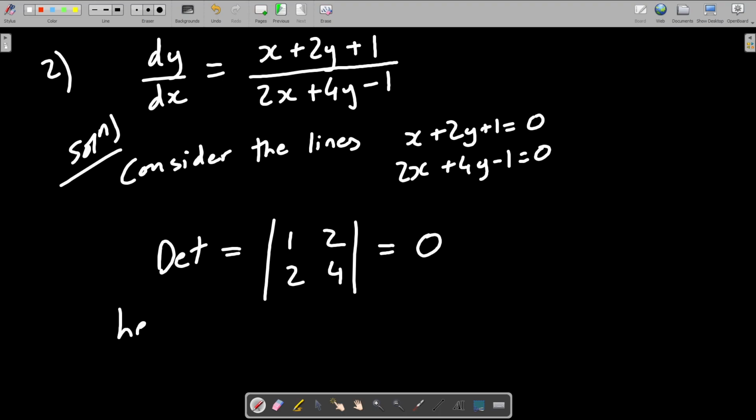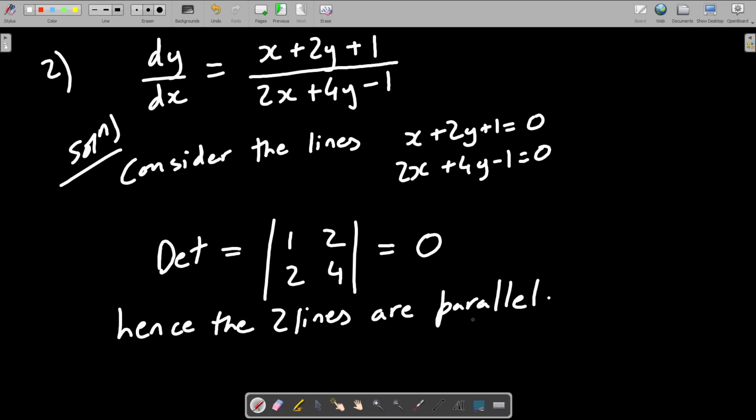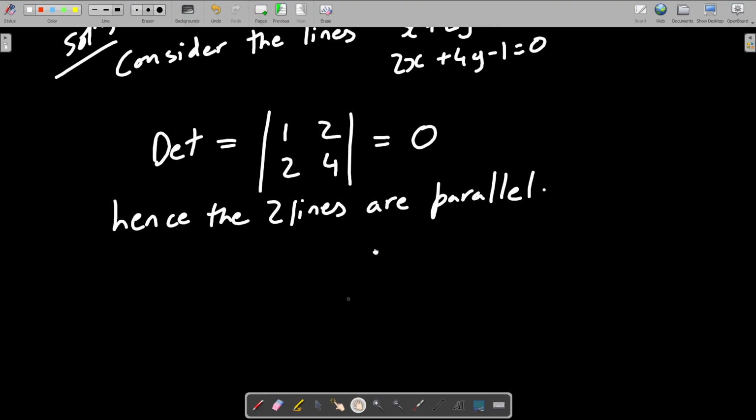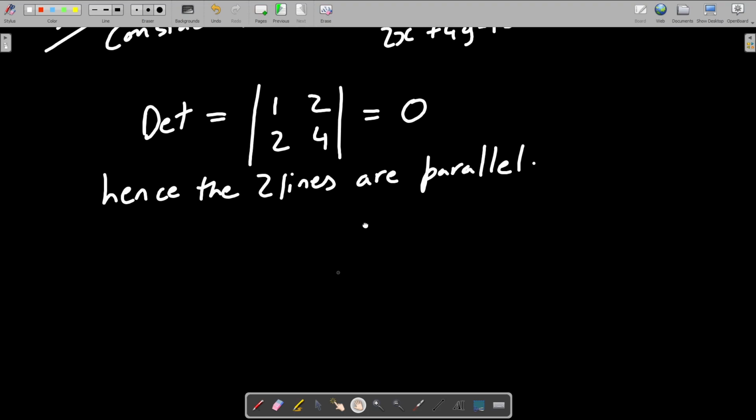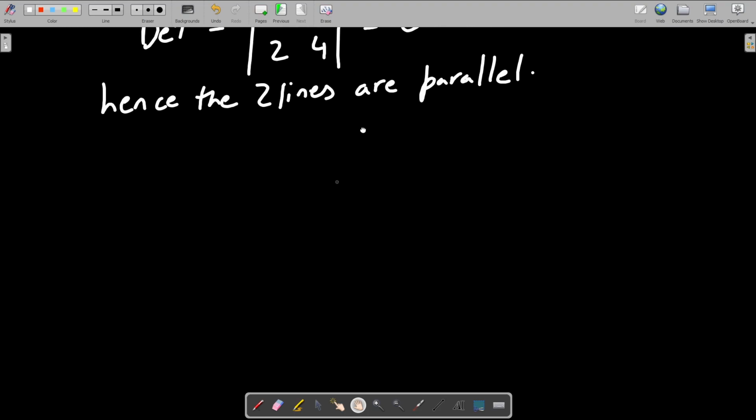Okay, hence the two lines are parallel. So what are we going to do now?